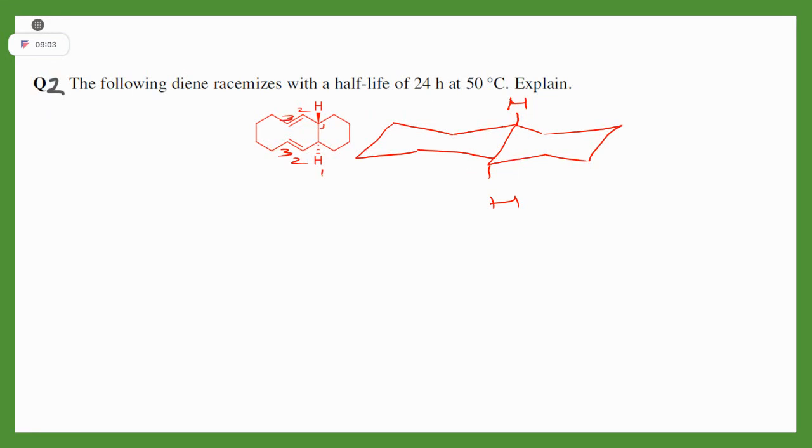Okay. So basically, this is your double bond here, and one of your double bonds is here. Forget about this part for now, at least.